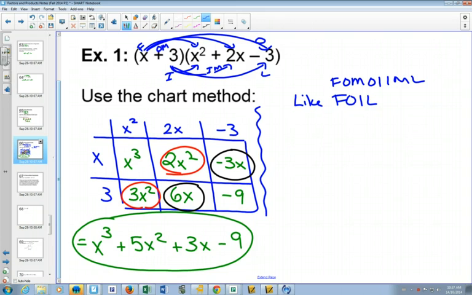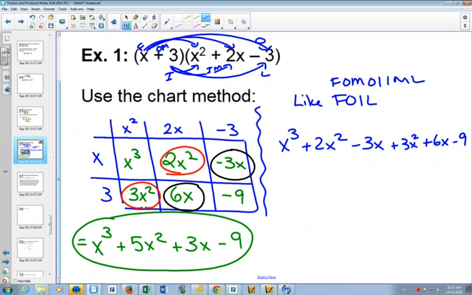Okay, awesome. So if we just distribute all the way through, x times x squared, x times 2x will be 2x squared, minus 3x, plus 3x squared, plus 6x minus 9. You'll see if you use that technique, you get all 6 that are the same as what we had inside of our chart.